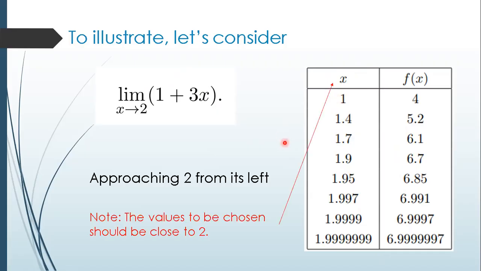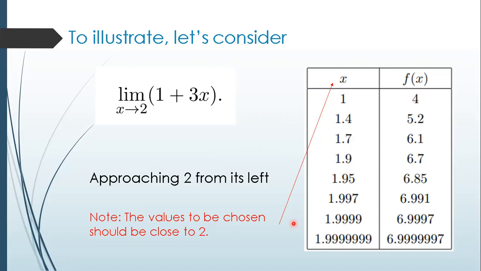Please take note that the values chosen should be close to 2. That is why the intervals are very minimal: 1, 1.4, 1.7, 1.9, 1.95, 1.997, 1.9999, and very close to 2, the value 1.9999999. This is not equal to 2, but it's closer to 2.